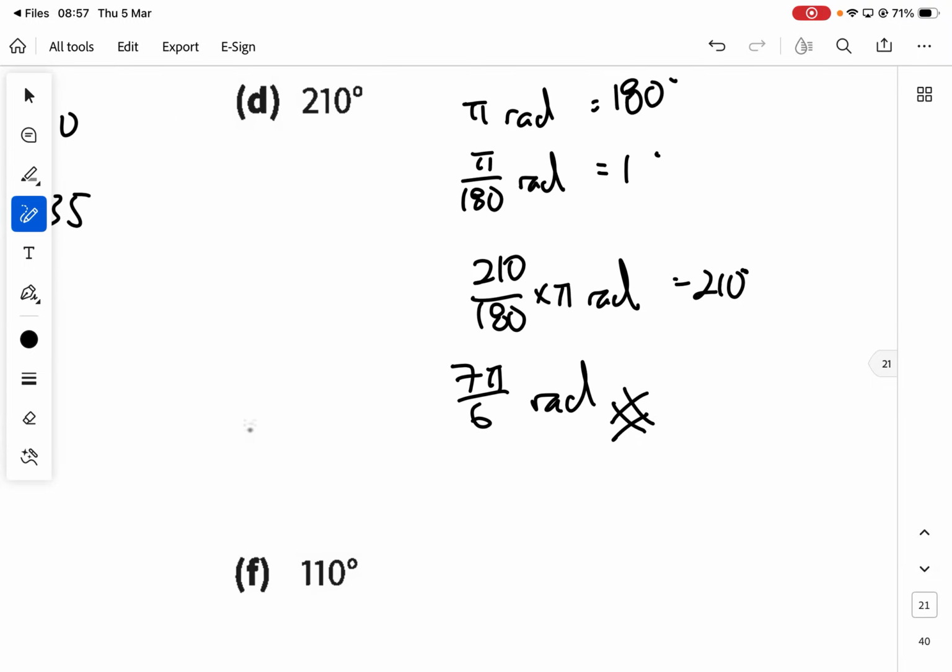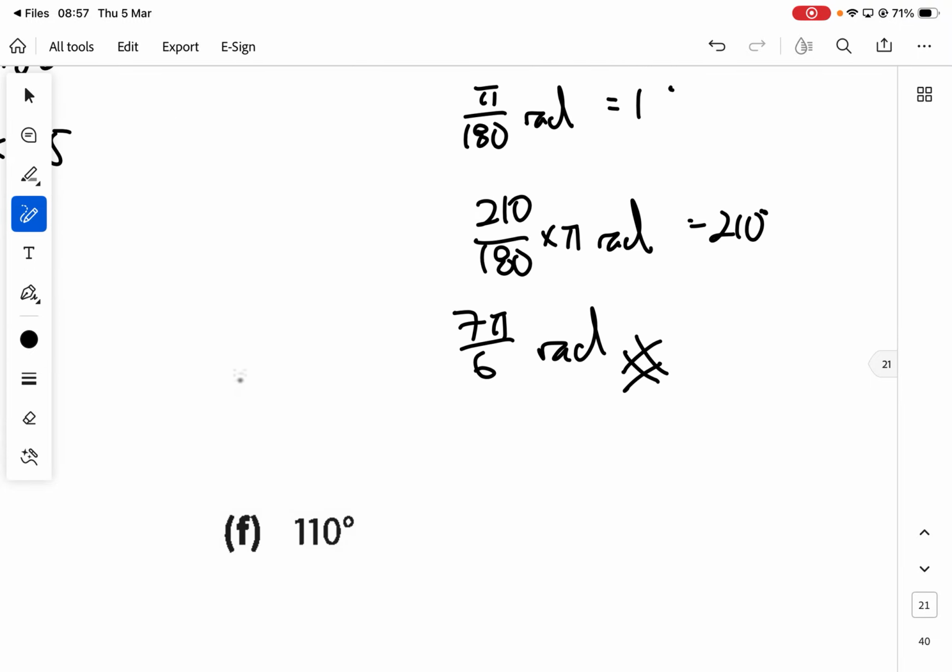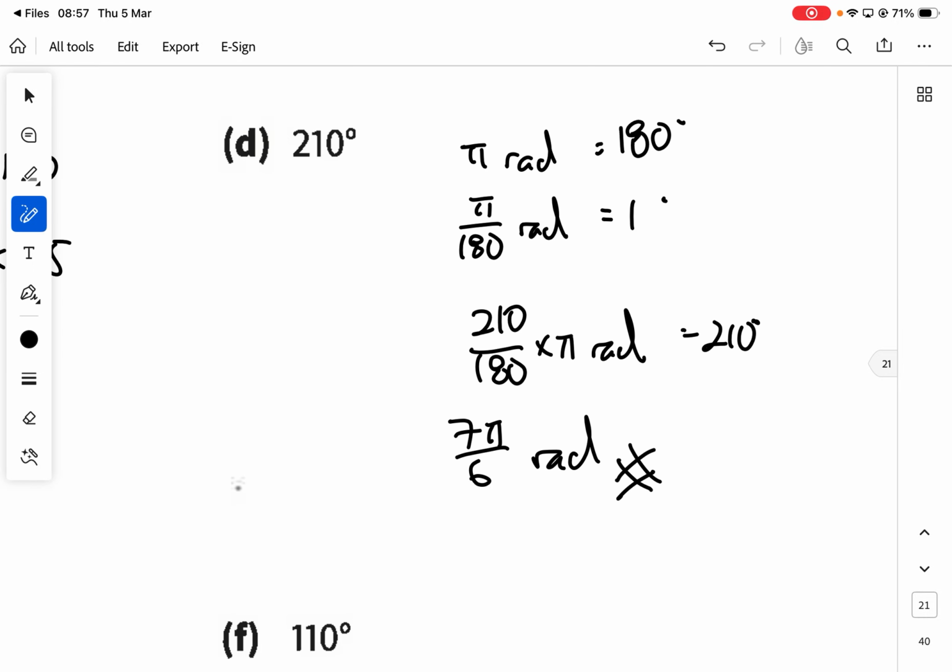When they give you pi itself, it is 180 degree. So just substitute pi with 180 degree. If they give you in terms of pi, part B is also the same. Just replace pi with 180, then your conversion is done.